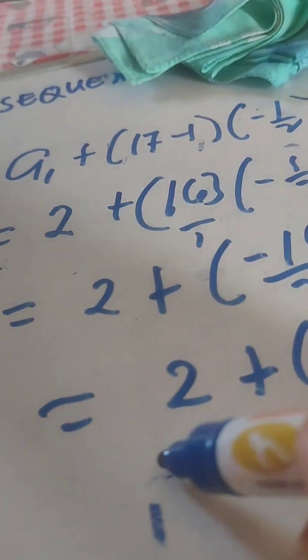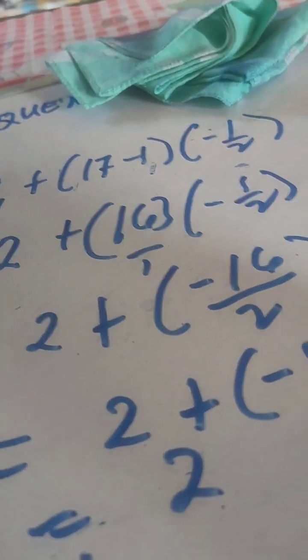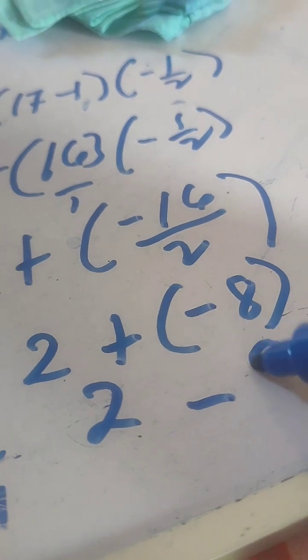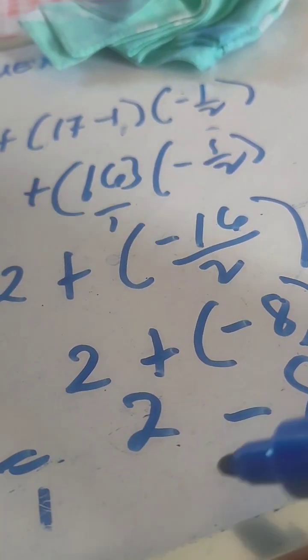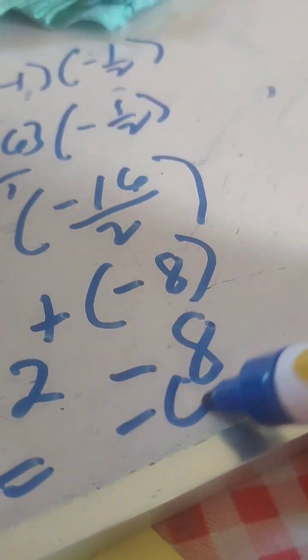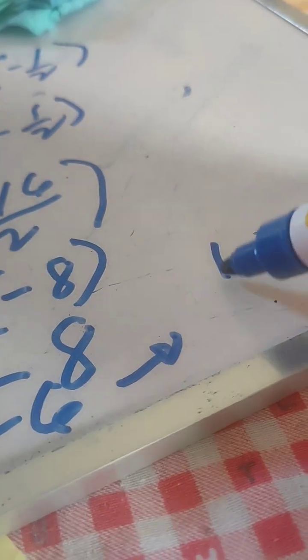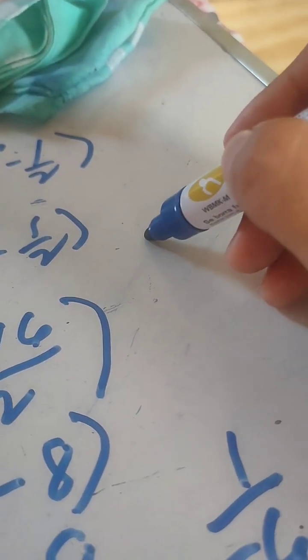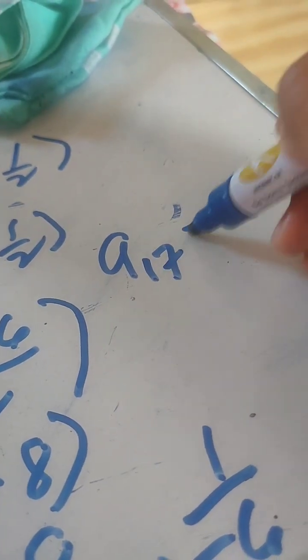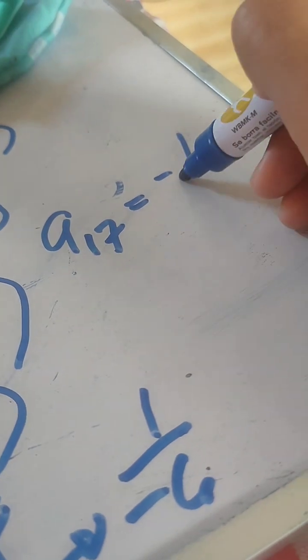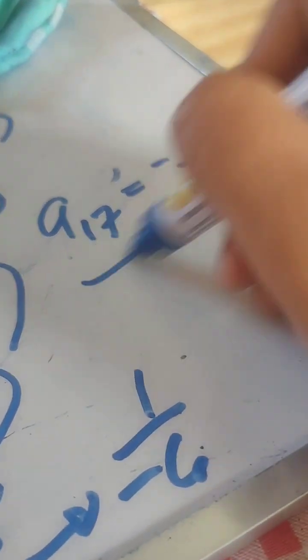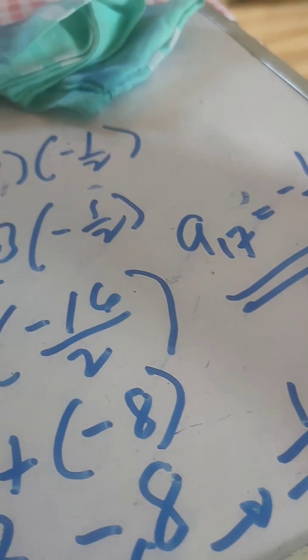So 2 positive times negative is negative. That is 8. So 2 minus 8 is negative 6. Therefore, the reciprocal of negative 6 is 1 over negative 6. Our final answer for our a sub 70 is negative 1 over 6. So this is our answer for number 3.